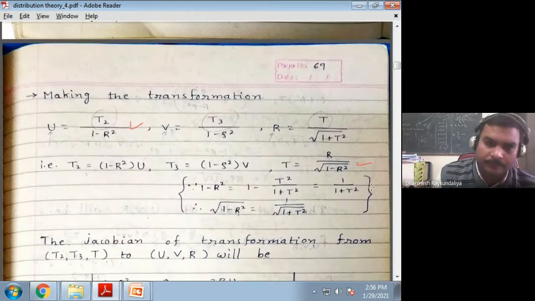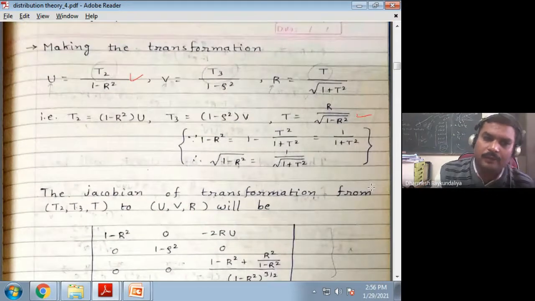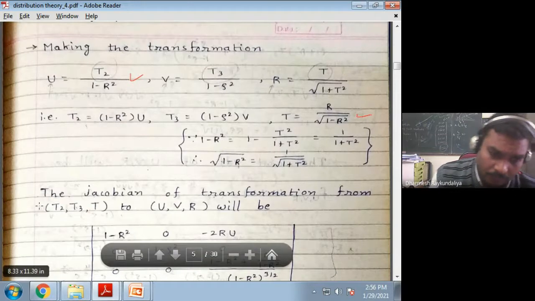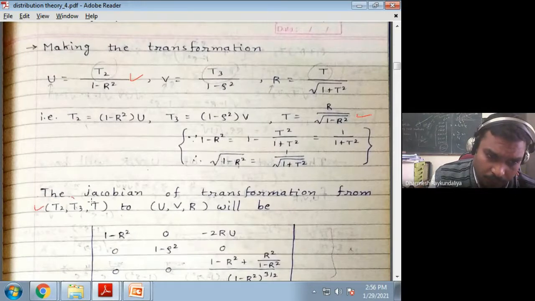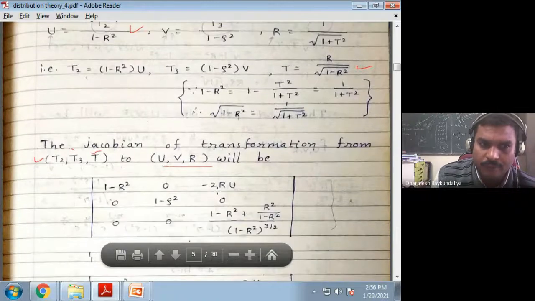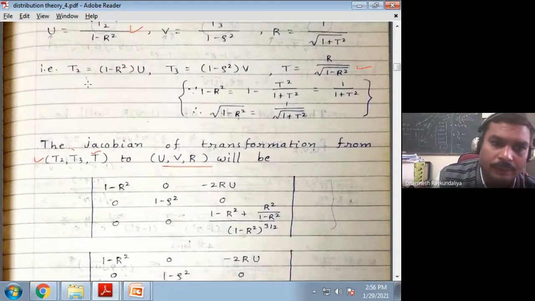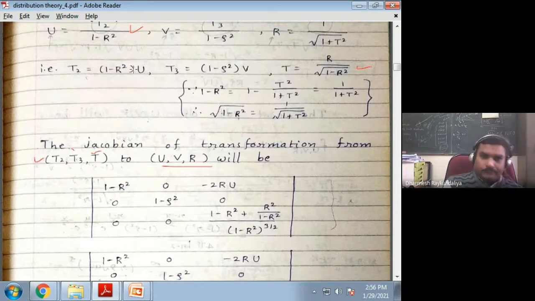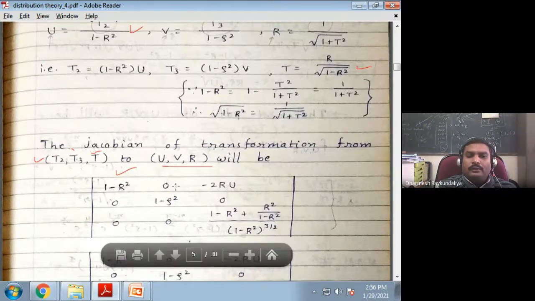Okay. Now again you have to take the Jacobian, because now you wish to transform, or you get the transformation from T2, T3, T to U, V, R. So what is the Jacobian? Take the derivative of T2 with respect to U. What will you get? It is 1 minus r square. Derivative of T2 with respect to V. What is it? There is no V, it is 0.